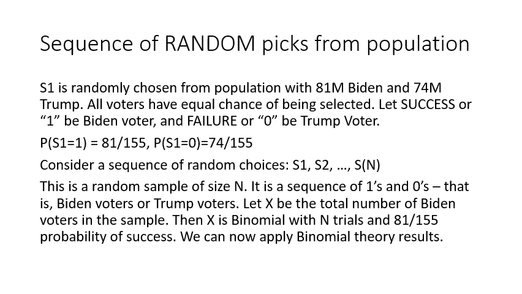And suppose we count the total number of Biden voters in the sample, then this count X is binomial with n trials and 81 over 155 probability of success. So this model satisfies our binomial probability model, and so we can apply the results from the binomial distribution theory.